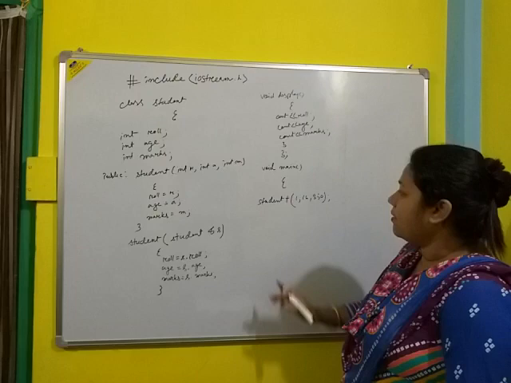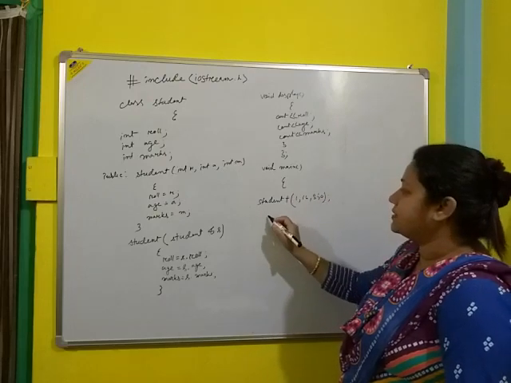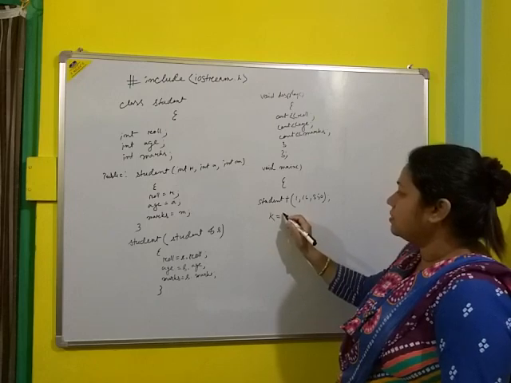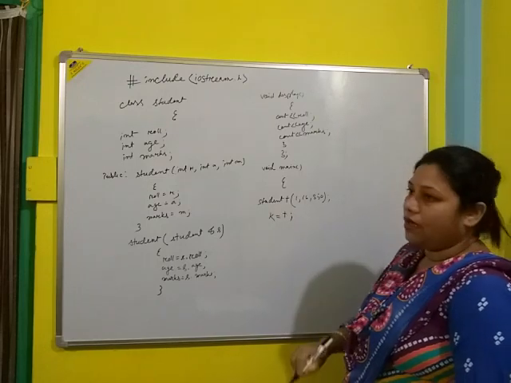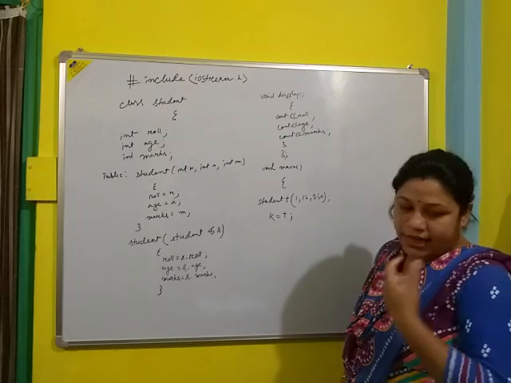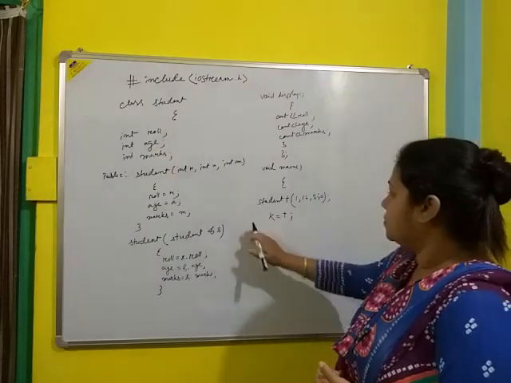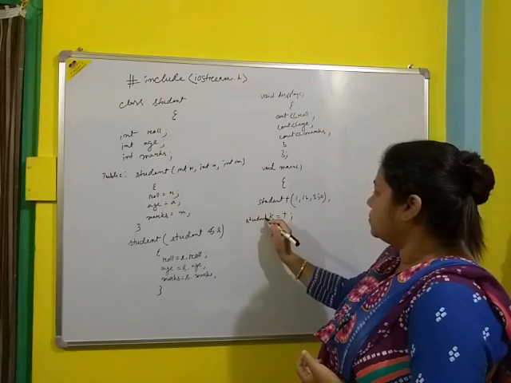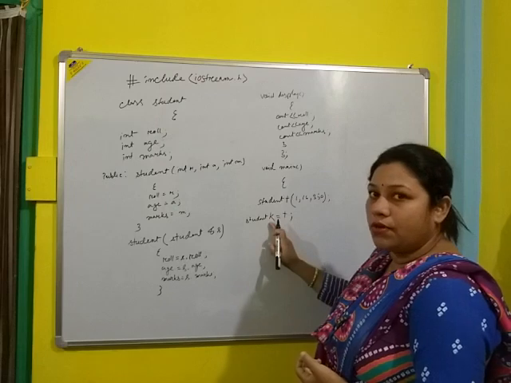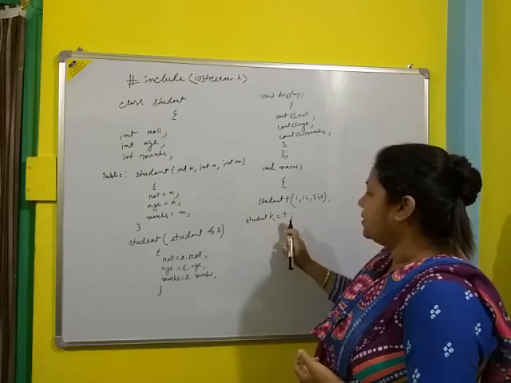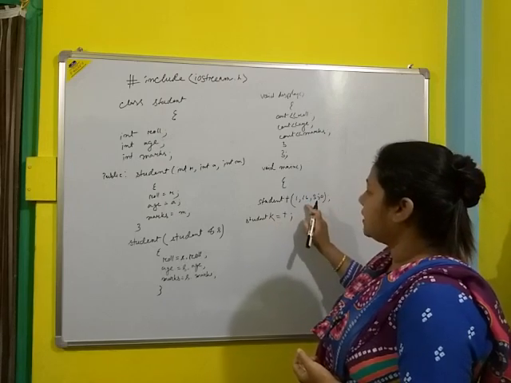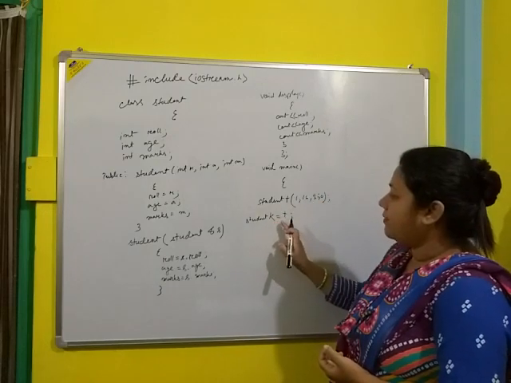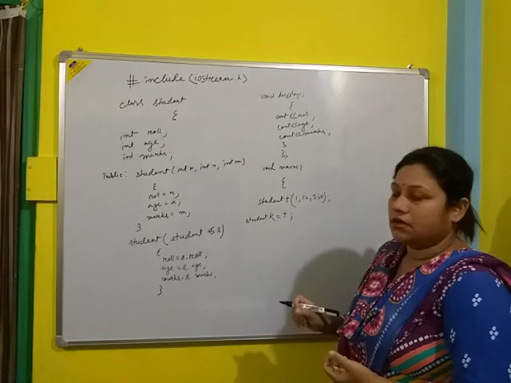Okay. Now I create one more object, that is K, and I write K is equal to T. So you have to write the student tag here. Student K. I am creating one more object, and this object is going to copy the content of the object T. So I write K is equal to T. Okay.